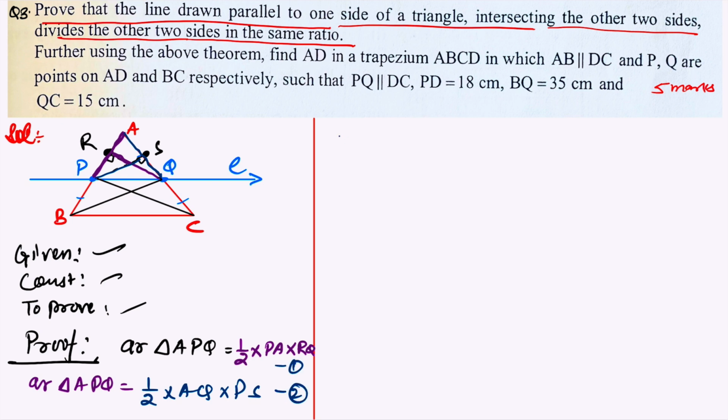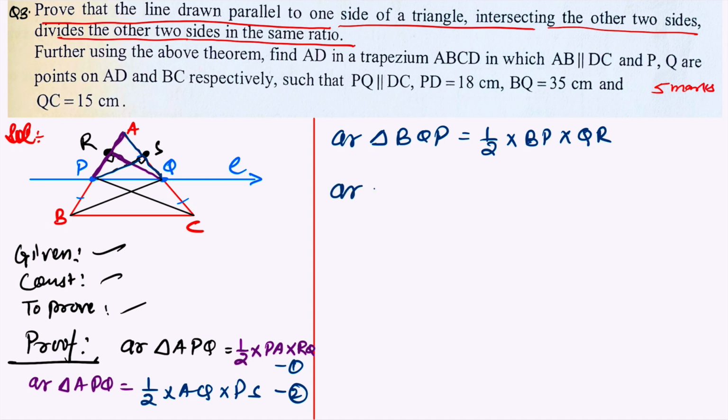And next what I am finding is the area of triangle BQP. In this case, I am taking BP as base, then the height will be QR. So from here I can write half of base BP into QR.